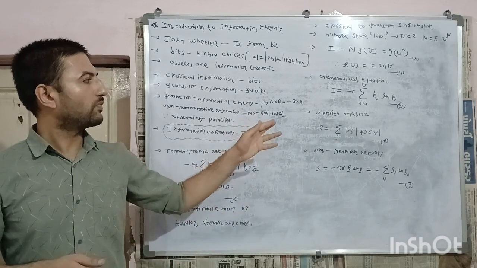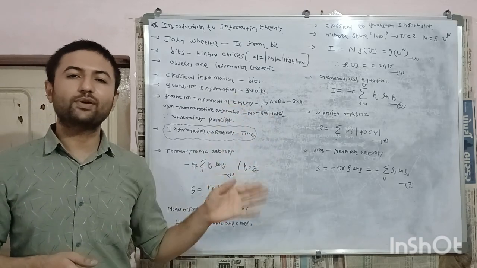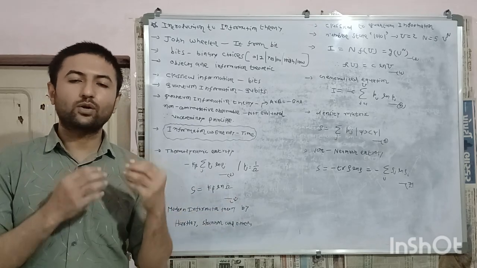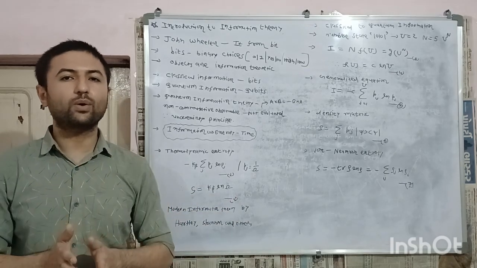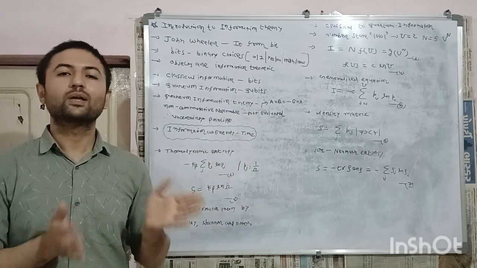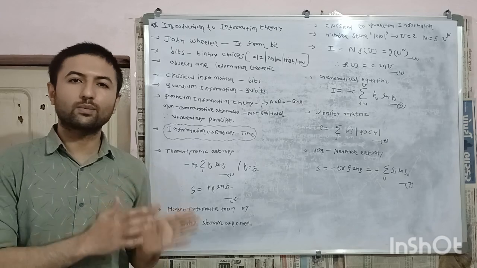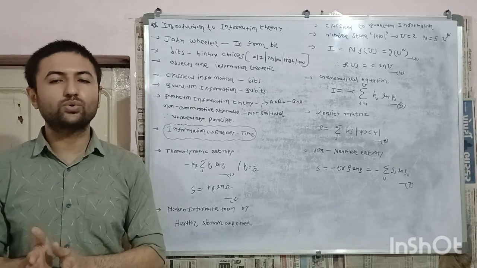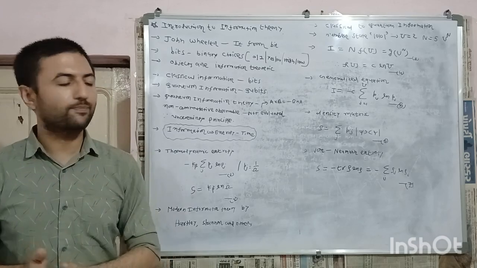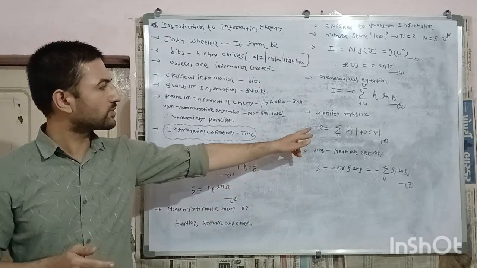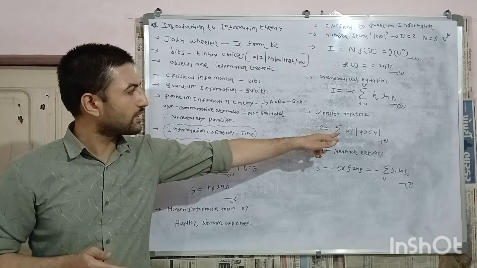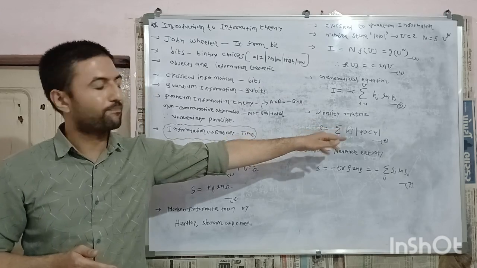Thereafter, von Neumann came up with the idea of the density matrix to define entropy for quantum information. The density matrix is used to define a statistical ensemble of quantum states. It is also used to define pure and mixed quantum states. So the density matrix ρ = Σ_j p_j |ψ⟩⟨ψ|.